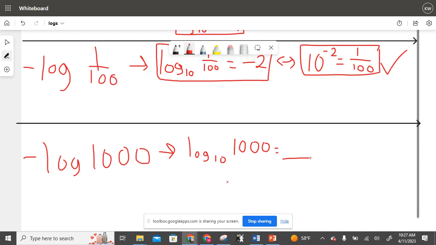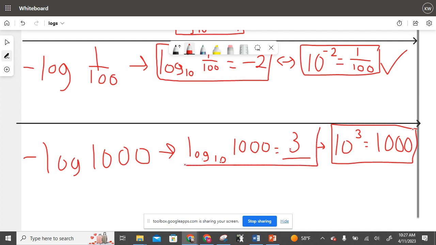You said what? 3. Man, your voice is deep, deep. I'm not gonna lie. So 10 to the third power gives you 1000. If you wanted to check that, turn that into exponential form. Is 10 to the third 1000? Oh, yes. Boom, bam, pop. But I'm not a rapper.